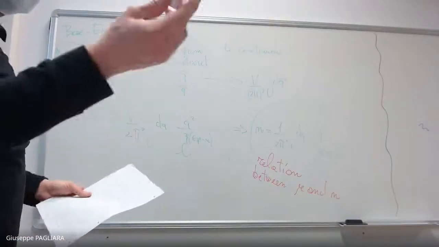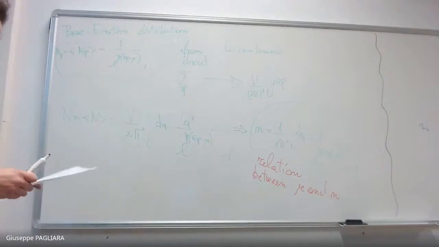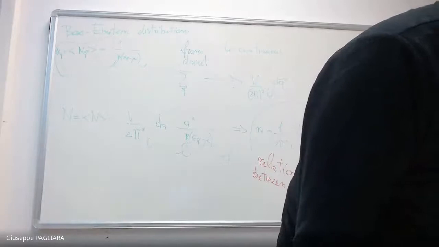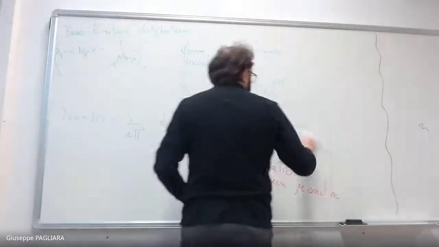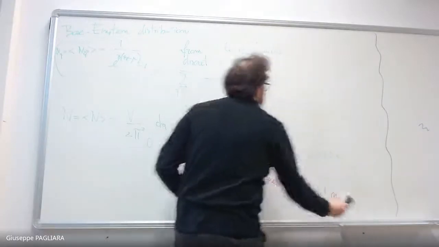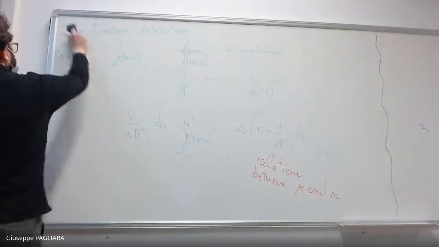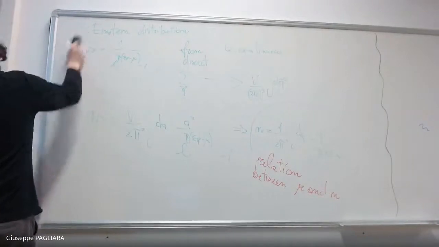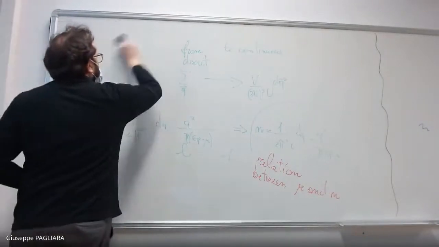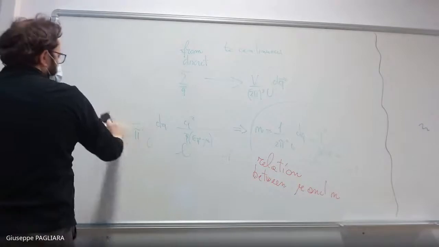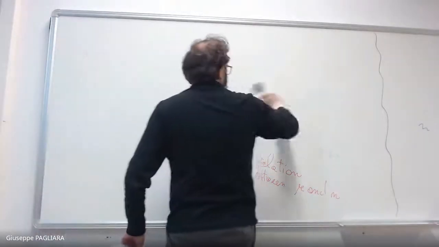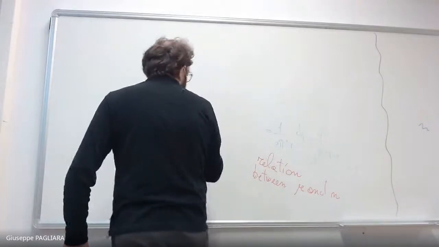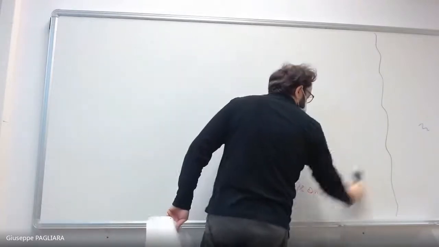I use this one and then I go downstairs to take some others. Okay, so this is the relation between chemical potential and density. Now, to complete the picture, we can compute in the grand canonical ensemble the pressure as a function of the other quantities.